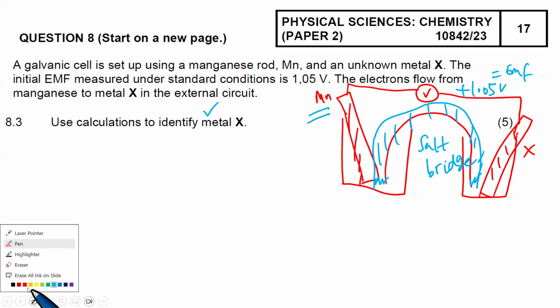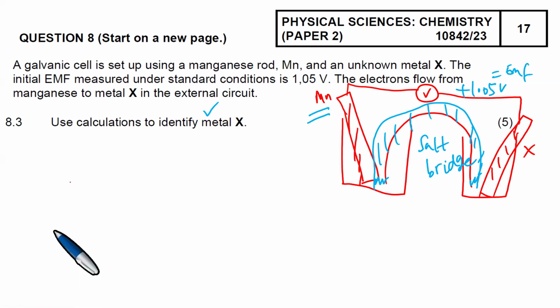To solve for X, we proceed as follows in the chemistry laboratory. We use the formula E naught, which has to do with standard conditions. The EMF is measured under standard conditions of temperature and pressure.